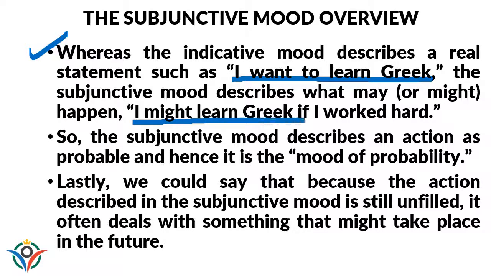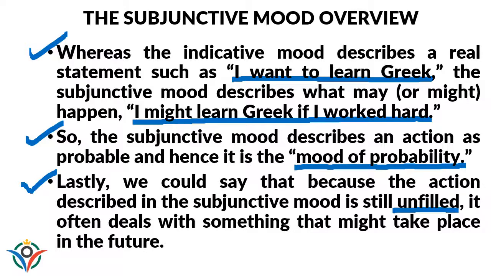I might learn Greek if I worked hard. So the subjunctive mood describes an action as probable, and hence it is the mood of probability. Lastly, we could say that because the action described in the subjunctive mood is still unfulfilled, it often deals with something that might take place in the future.